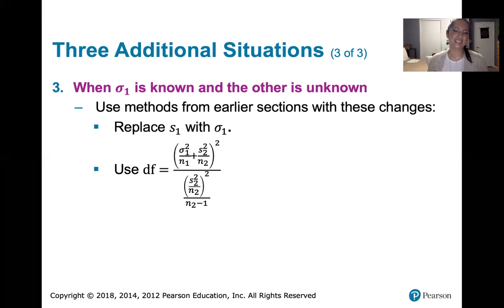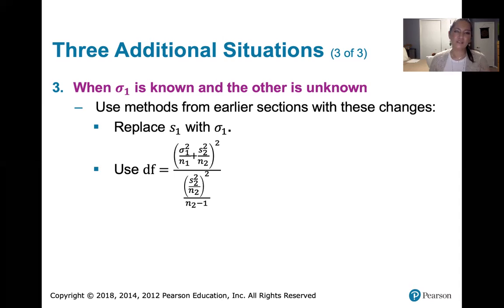Now, in practice, the methods that we talked about earlier are the methods that you're going to use. Most of the time, there's no reason to believe that those population standard deviations are equal to each other, and we don't know either of the population standard deviations. So the methods that we discussed in the last 3 videos, that was 9.2.2, 9.2.3, and 9.2.4, are the appropriate methods almost all of the time.